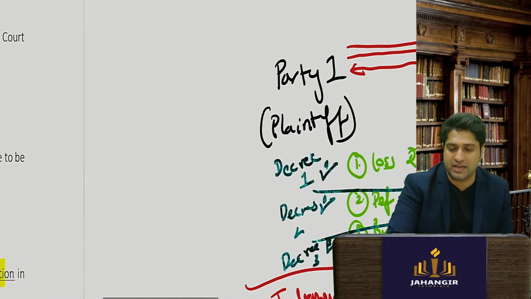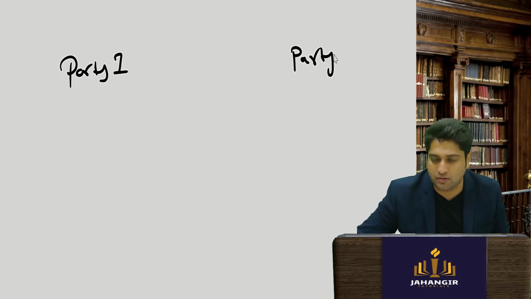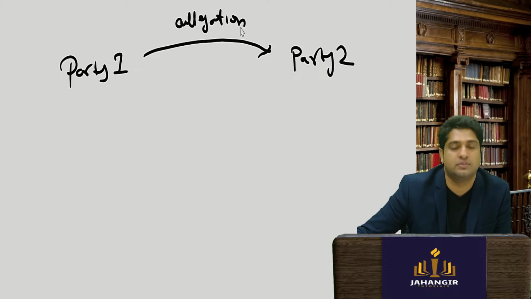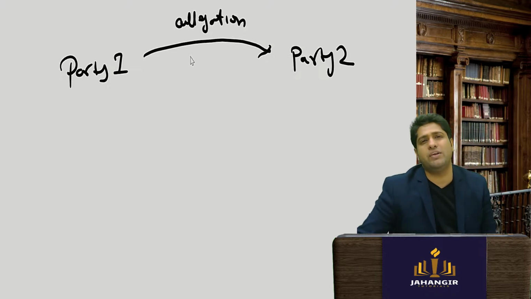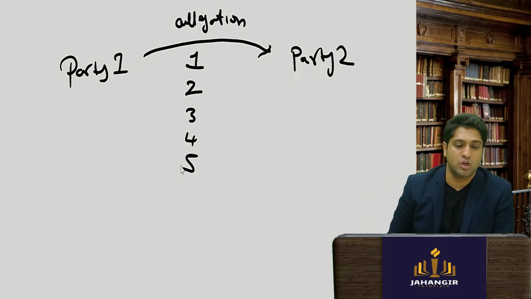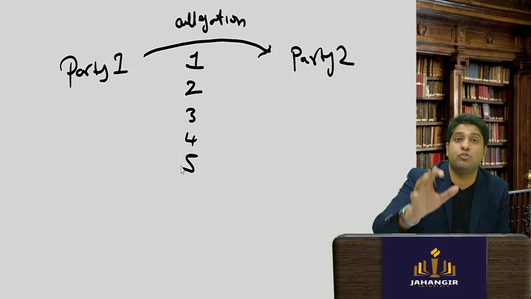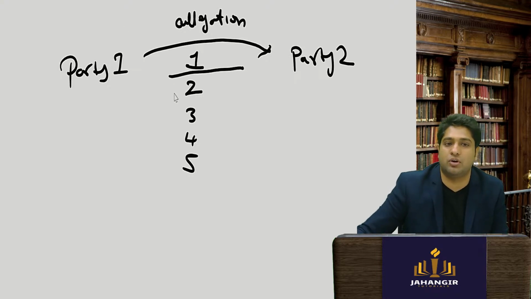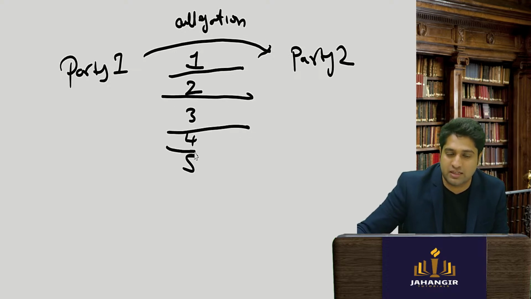When a dispute is there between two parties, now there is party 1 and party 2. Party 1 puts certain allegations on party 2. Now these allegations, you think only one allegation can be put? Normally allegation number 1, 2, 3, 4, 5 are put. So the court will decide that I have to first go into every single aspect and tell: transaction number 1, is something wrong, transaction number 2, 3, 4.